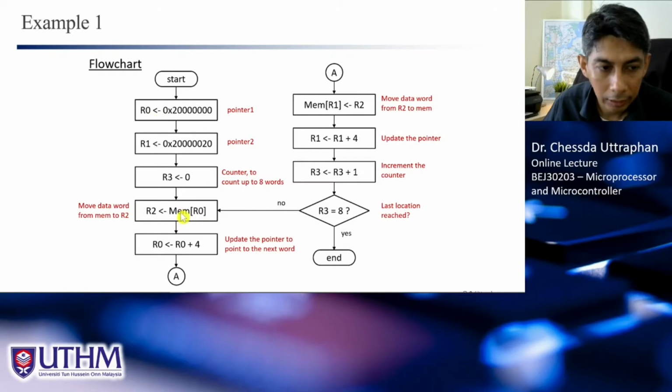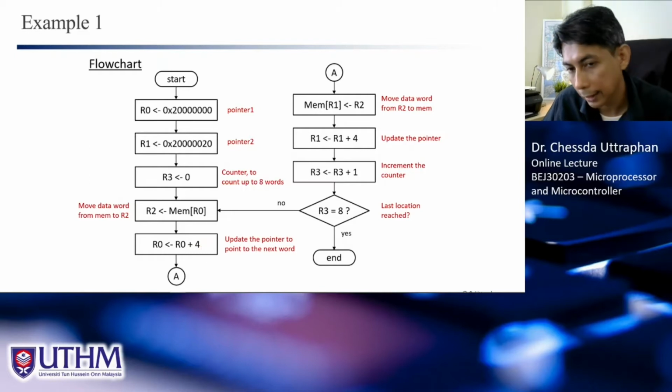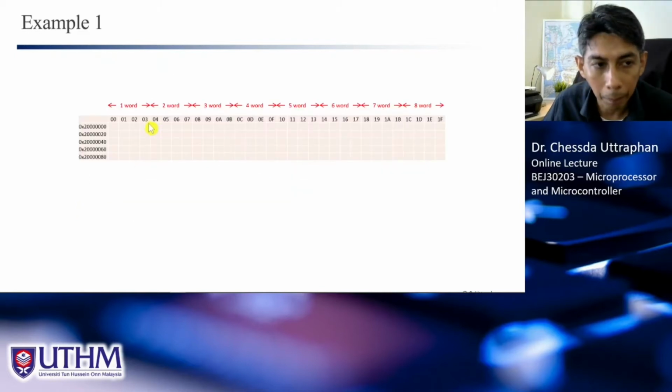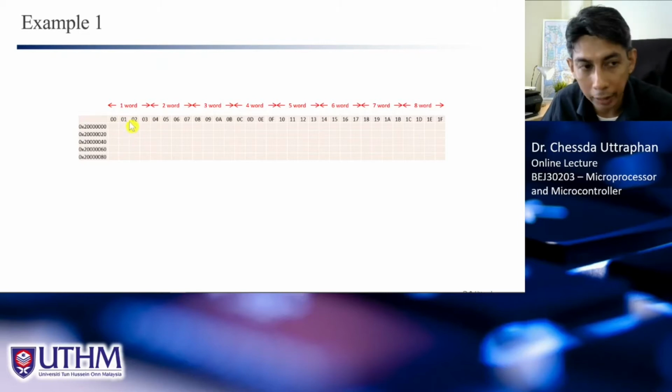here, put in R2, and then I update the value of R0 by 4. Why 4? Because 4 is one word. If you update by 1 means that you update by byte. If you update by 2 means that you update by half word.